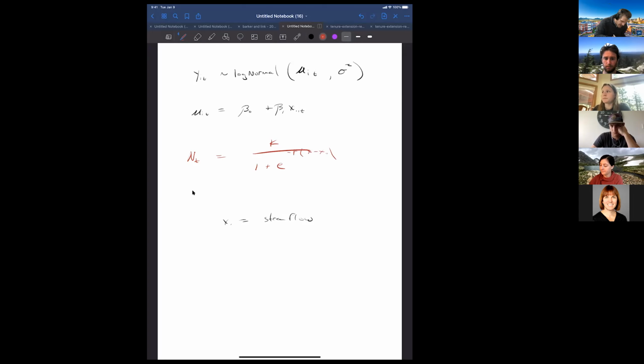Anyway, the point here is we can have some very nonlinear processes described in our process model. The easiest place to start is with a linear equation like we're doing right now.